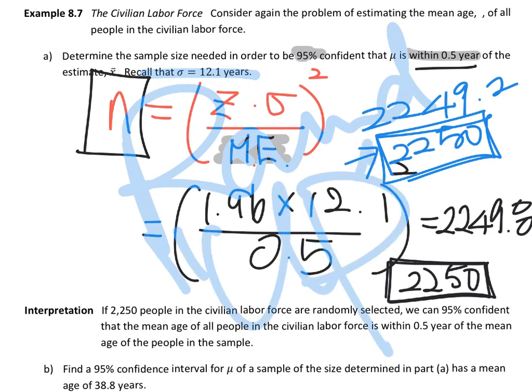Always. Because I have to say, at least, we need a sample size of at least 2249.2. What was the meaning? At least or more. Okay, so be careful. Always round up. Remember, round up.